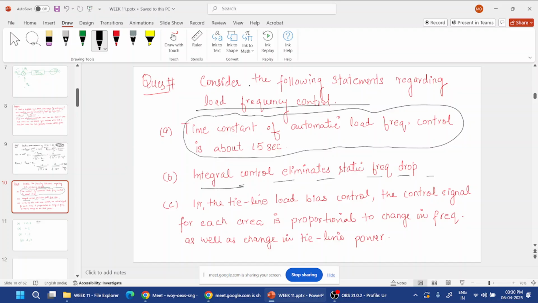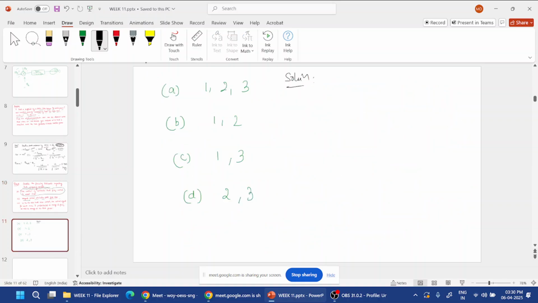So basically, we have to find which of the following are correct.